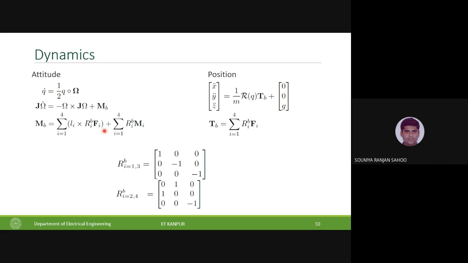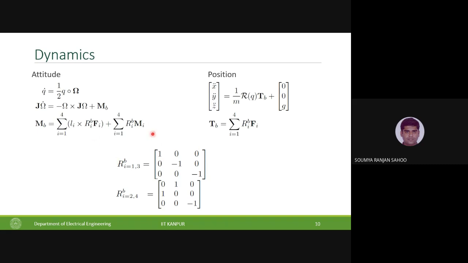So now our task is to find out this desired body force and desired body torques so that they can finally be used to compute back the desired F_i and M_i, which in turn give me the desired speed of the rotors and desired angle of the rotors.